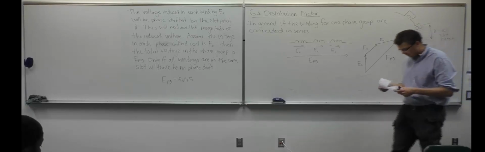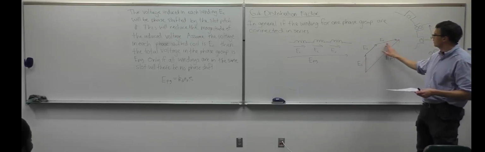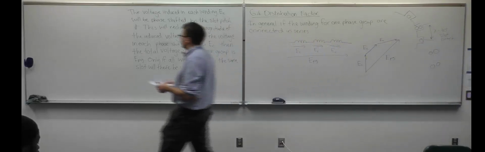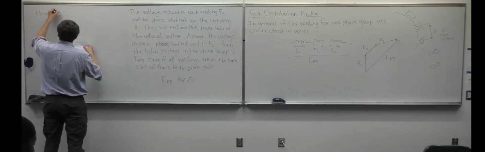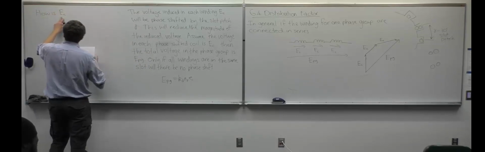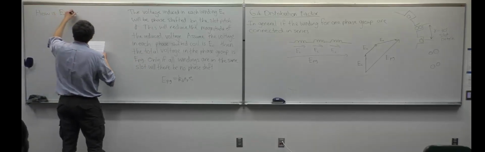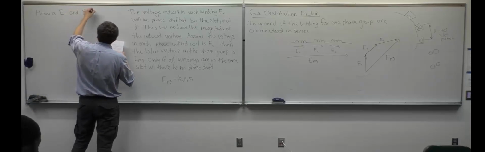So let's calculate this. In this example, we have 3 coils, and they're shifted by a phase angle. So how is EC, the voltage on one coil, and the total phase group voltage related?